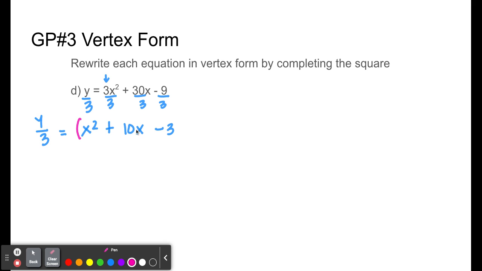We group our first two terms together and rewrite so that we can complete the square. So y over 3 plus a value is equal to x squared plus 10x plus a value.